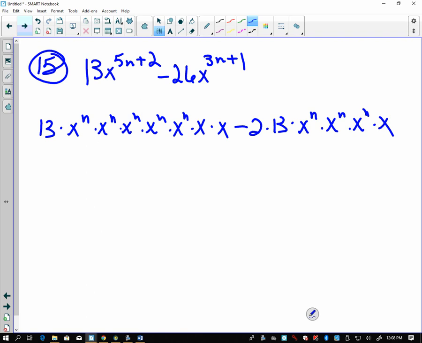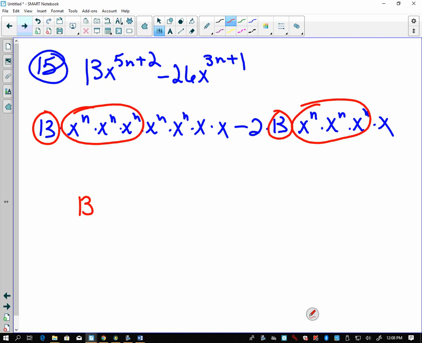So now I'm going to circle everything that shows up in both. They both have a 13, so I'm going to pull 13 out here. They both have 3 x to the n's, so I'm going to pull those out here: x to the 3n. They both have a single x, so that's plus 1.